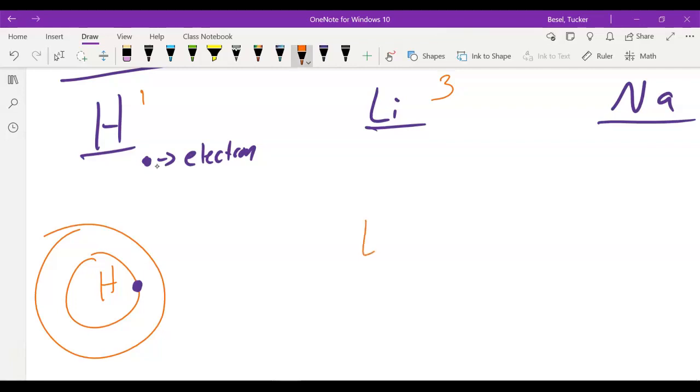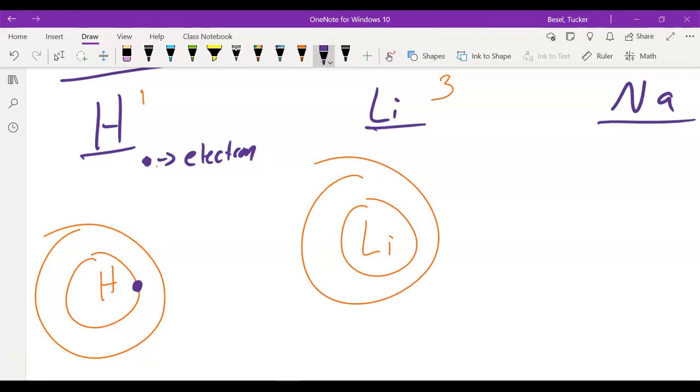Next up is lithium. I'm going to have my energy levels going out from there. Lithium has 3 total electrons that we want to put on to make it neutral. But remember, there's the 2-8-8 rule, meaning that we can fit 2 electrons in the first energy level, and we could fit 8 in the next energy level if we had that many electrons.